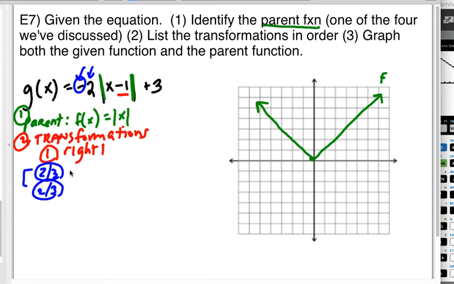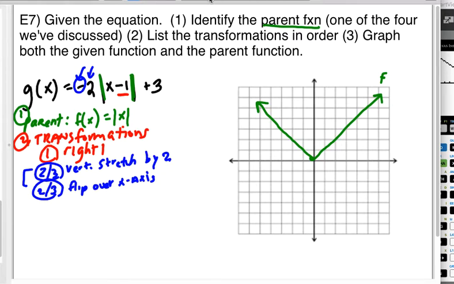So I'm going to say vertical stretch by 2, and then I'm going to flip over the x-axis. It really doesn't matter if you multiply by the negative first or the 2 first. These could be in either order.